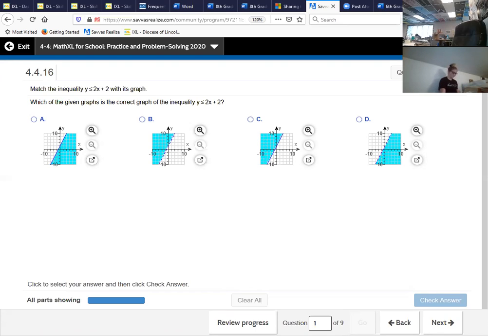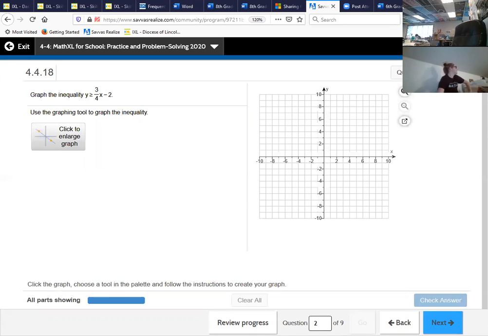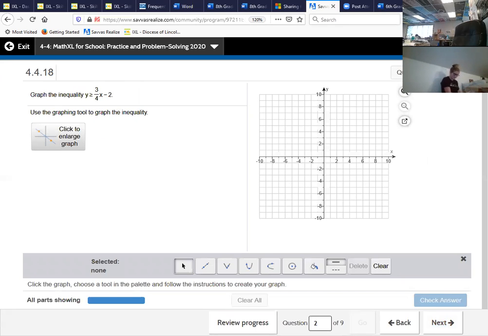Hold on, 9 problems? Oh my goodness. Well, there are 9 problems. Okay, so you can do the first 4. When they have you graph, they have options over here on the right next to the delete and clear buttons for a solid line or a dash. So you can draw either solid or dashed. And then there is a way to shade with this little paint bucket tool. So with the paint bucket, I want to shade down here, and I want to shade up top.